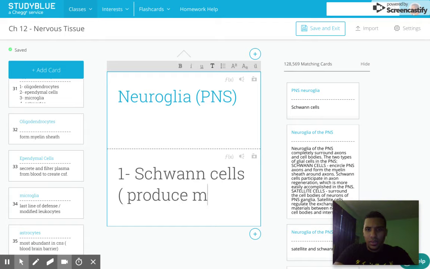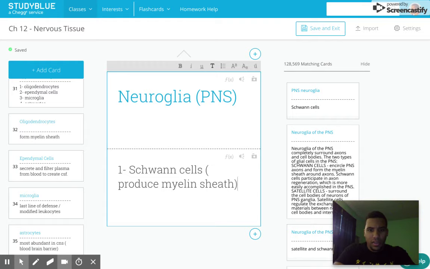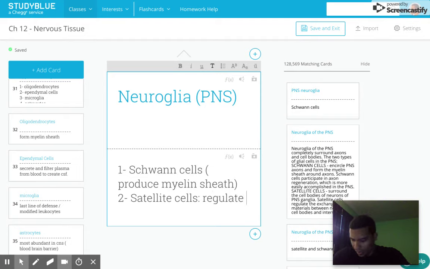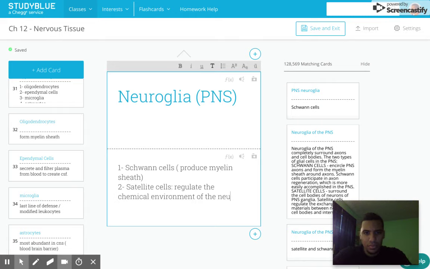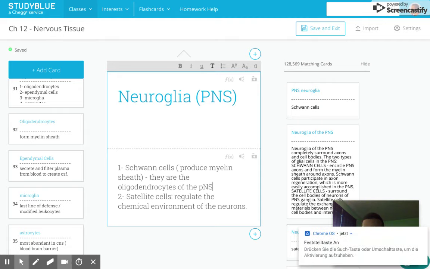And then we have number two, our satellite cells. He didn't say that we had to commit satellite cells to memory, but you should understand that they regulate the chemical environment of the neurons. I would still learn it if I were you. So Schwann cells produce a myelin sheath, so you can say that they are the oligodendrocytes of the PNS.